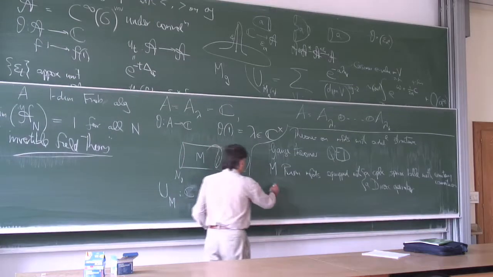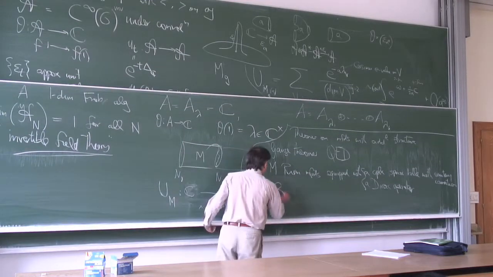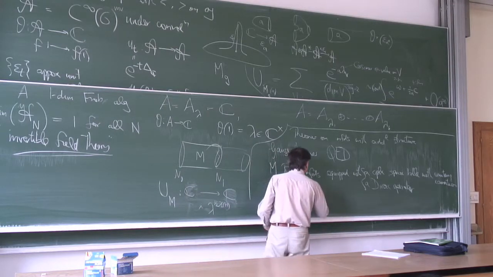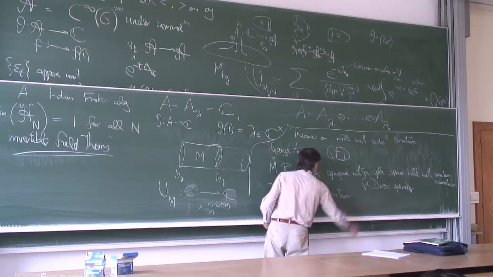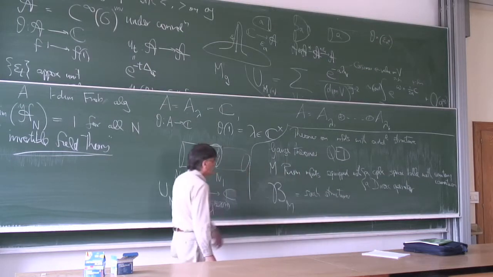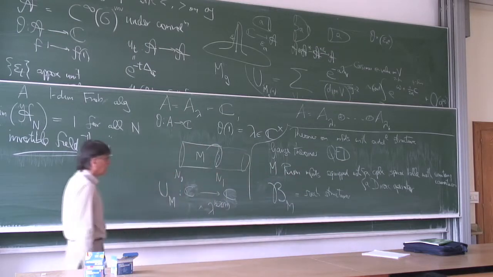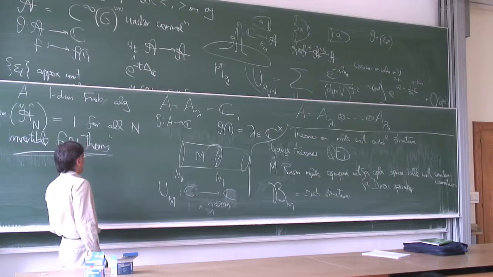Well, let's call the category of these structures B-GAN. It's a groupoid. I mean, the objects are these bundles and the connection, and the morphisms are just isomorphisms of the bundles and connection.